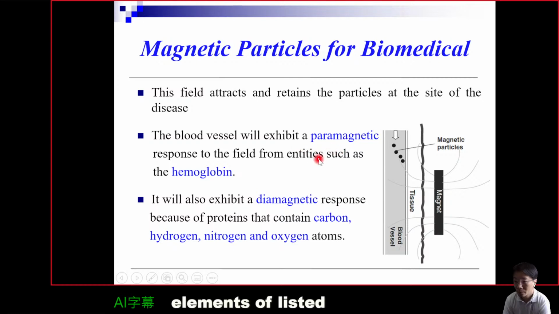But even though they have diamagnetism and paramagnetism, the magnetic field created by themselves is relatively less than the outer external magnetic field. So don't worry that the tissue or organ will resist the external magnetic field.